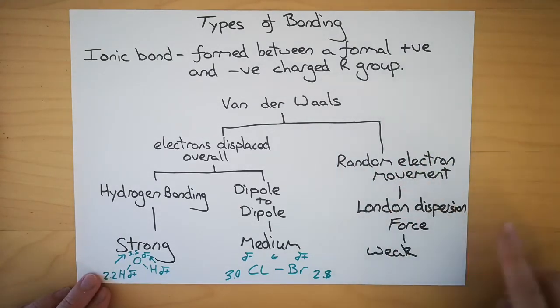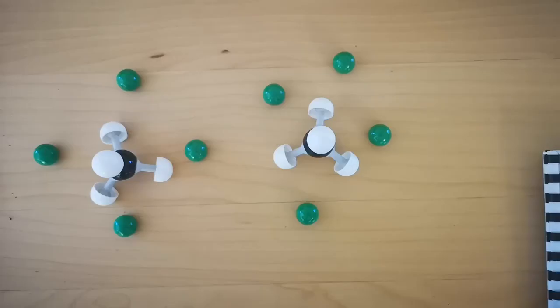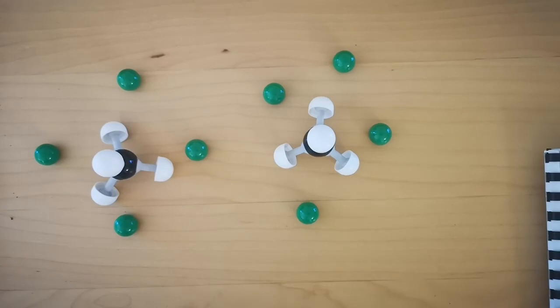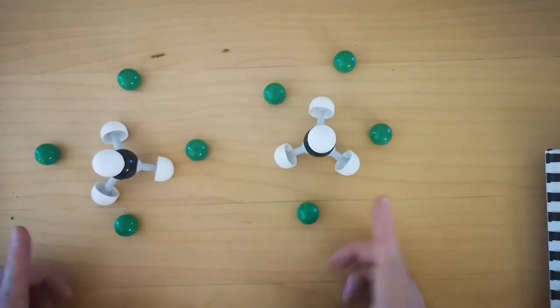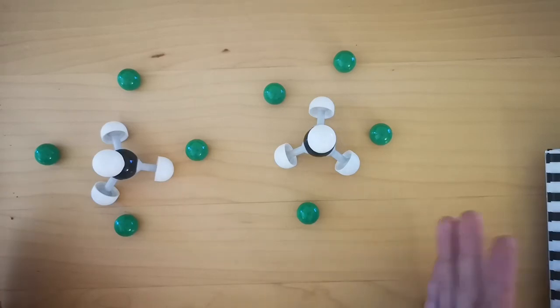Now, interestingly, we've also got this random movement of electrons, and this is the London dispersion force, and that's the weakest of our forces. Now, we can describe that in a fairly simple manner. To explain this London dispersion force, I'm going to use two methane molecules, and there's no dipole within this molecule. It's completely, as far as it can ever be, non-polar.